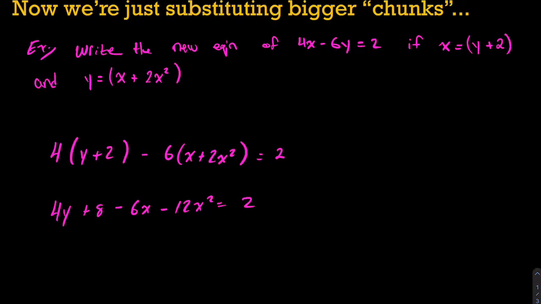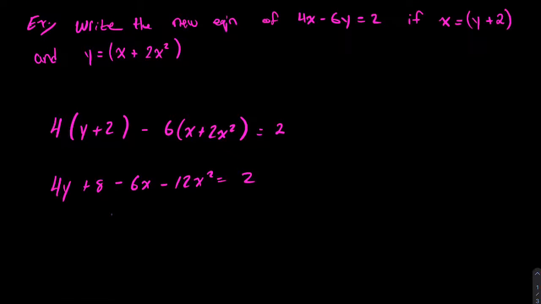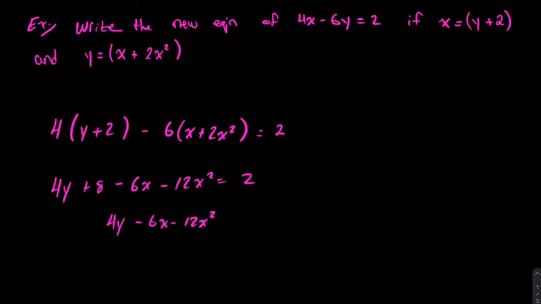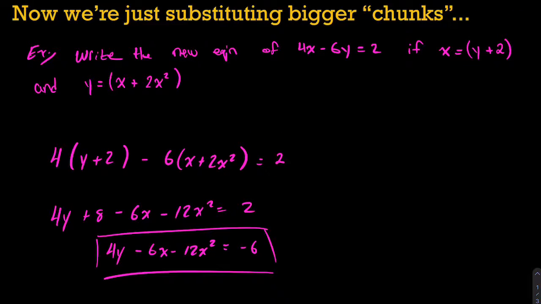So we could move that 8 to the other side, where we would have this equation here: 4y minus 6x minus 12x squared minus 6. Usually you write this in the reverse order. You put the x squared first, but it doesn't really matter for this case. So that's just an example of how we're substituting in bigger chunks.